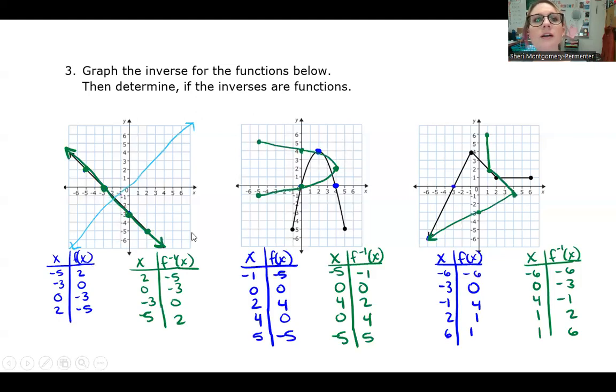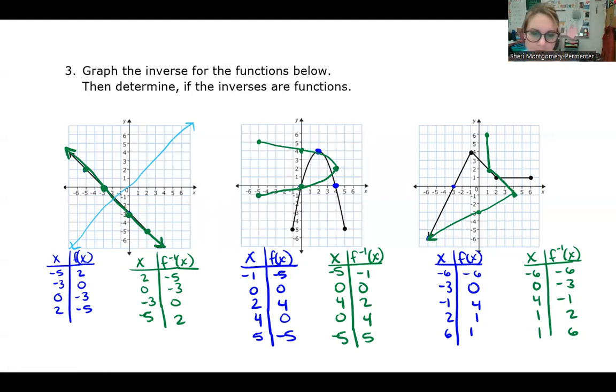Y'all matched up my graphs perfectly. But if you reflect over this line, that means that everything on that side is going to come to this side. So it just so happens that when you have a line and it looks like that, it reflects over itself. Doesn't really change.